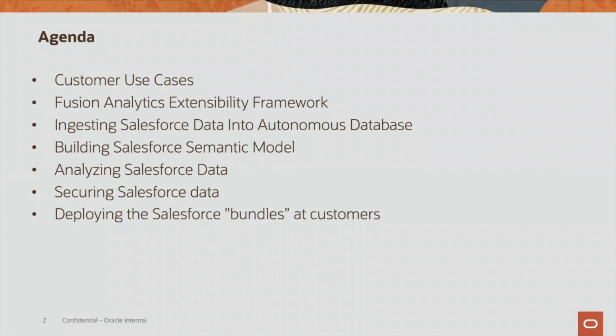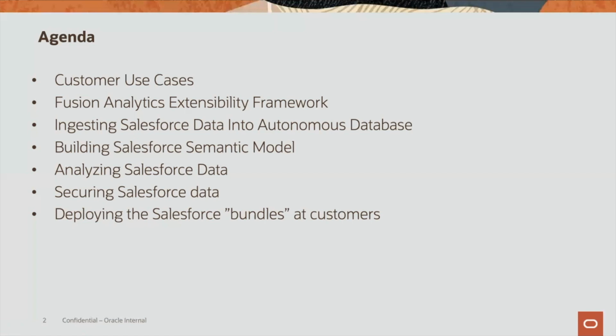So that brings us to the end of our session. We went through different customer use cases we could solve with merging Fusion Analytics data with Salesforce data. We went through the extensibility framework and how we're leveraging it to get data out of Salesforce into the Fusion Analytics autonomous database, around building the Salesforce semantic model extensions on top of those tables and views in ADB.